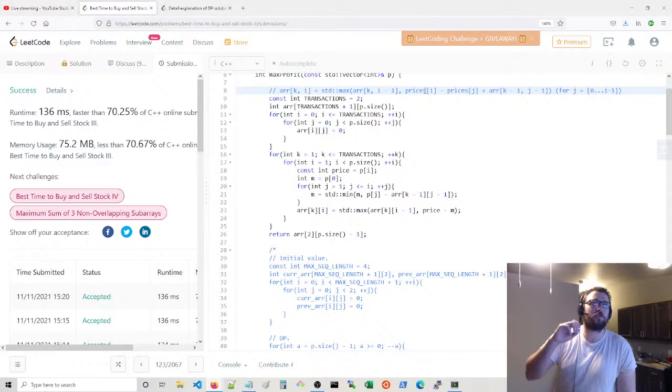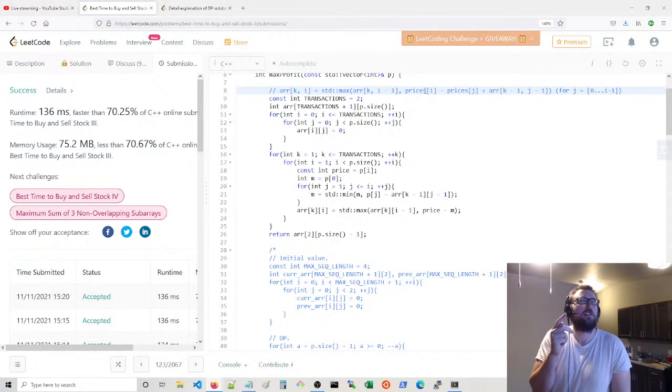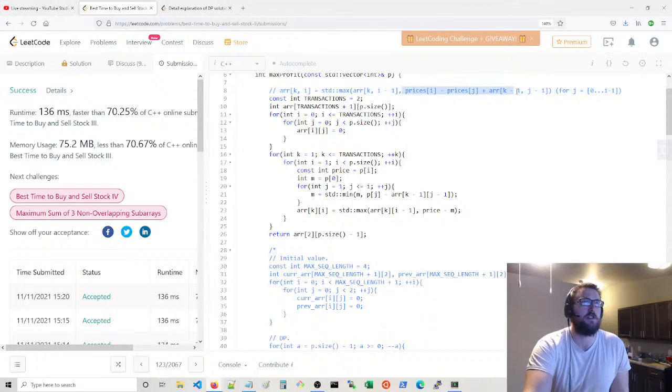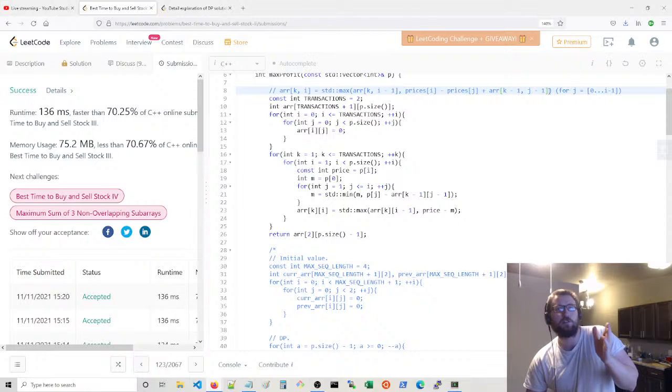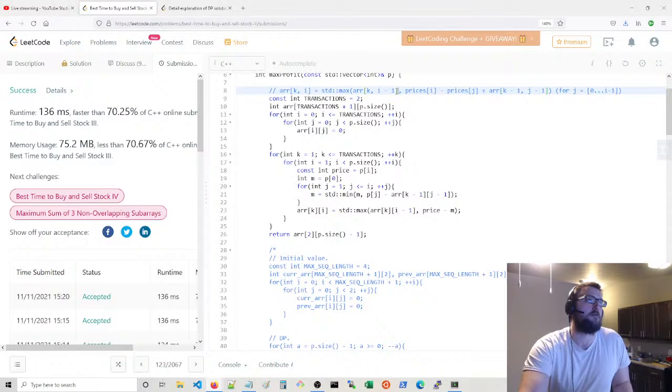You're either going to sell here potentially, which is the right side, or you're not going to do anything. If you don't do anything, then you take the same value that you had up to that point, the same optimal value you had up to that point. Previous point is this point, so that's this one. If you do better by selling, then you should.